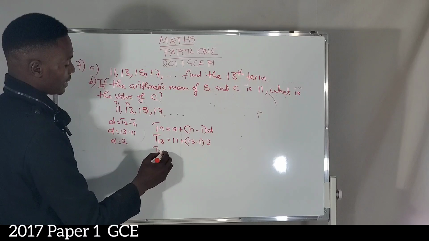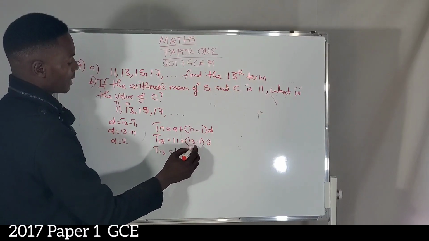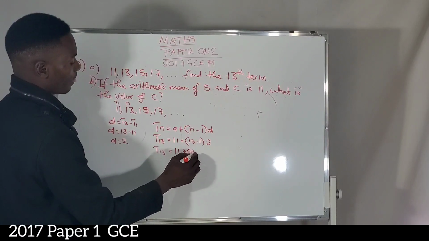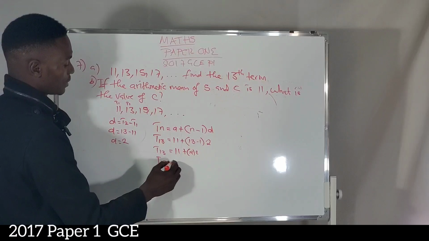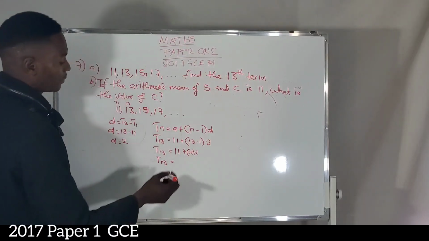So T13 is equal to 11 plus 13 minus 1, sorry, is 12 times 2 there. So we have T13 is equal to 12 times 2, which is 24.